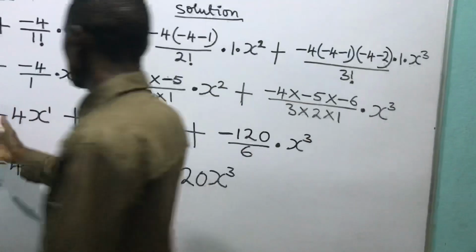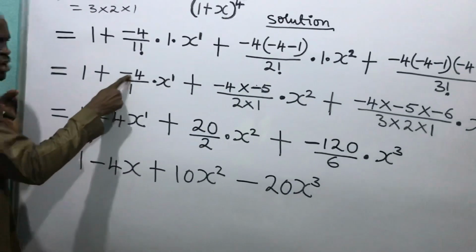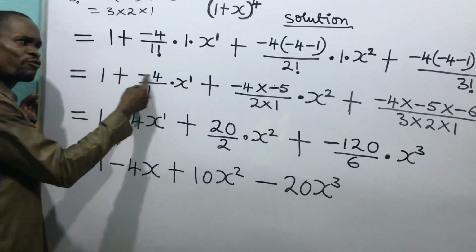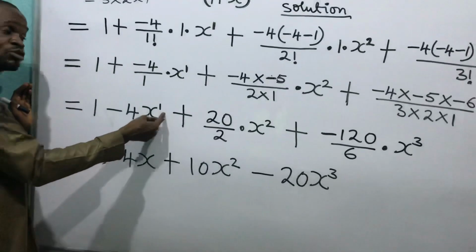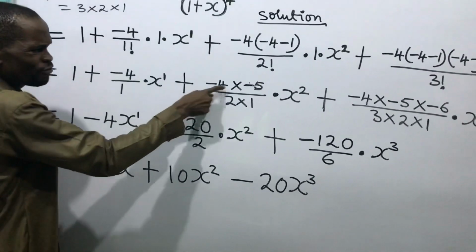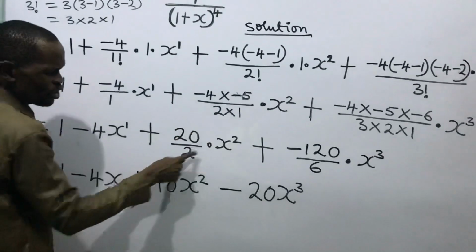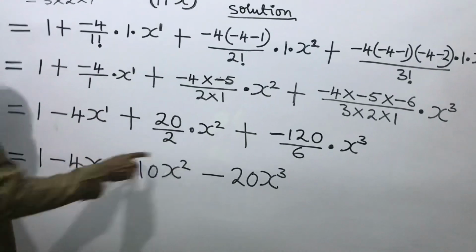Then coming over here to interpret it last, I have 1 down here, and the minus 4 divided by 1 will give me minus 4. And minus 4 times x raised to power 1 will give me minus 4x raised to power 1. Then coming over here, I have minus 4 times minus 5 will give me 20. And 2 times 1 will give me 2. Then dot x raised to power 2. That's what we see here.